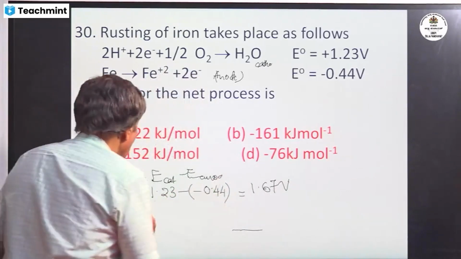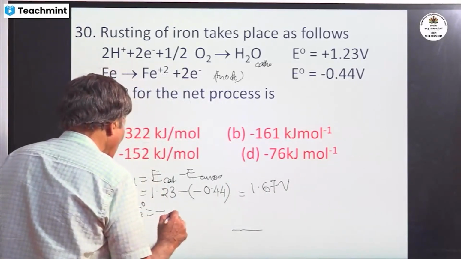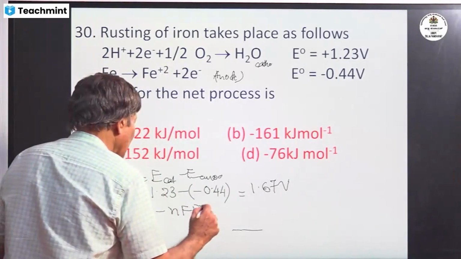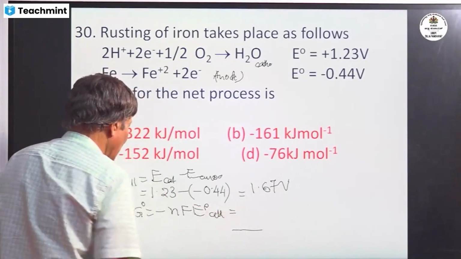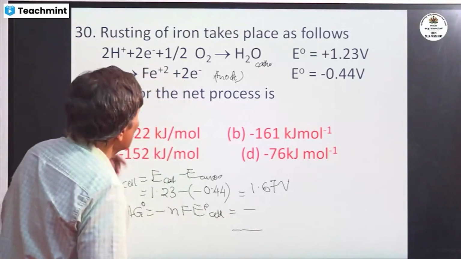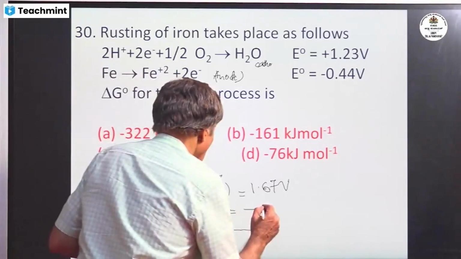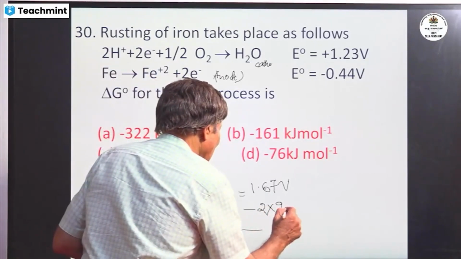Then what they asked? Delta G naught is equal to minus nF E naught of the cell. That is equal to minus n, how much is n? Concentrate on the electrons: 2 electrons now. N is 2. F is 96,500.